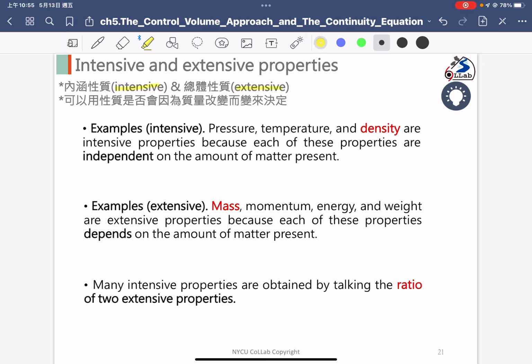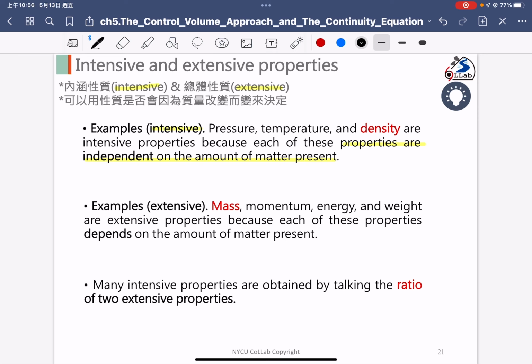How different are they? How can we call something an intensive property? It indicates the properties are independent of the amount of the matter present. So what does that mean?